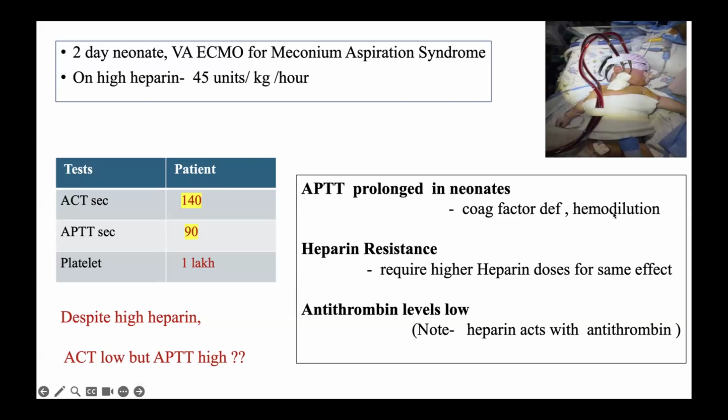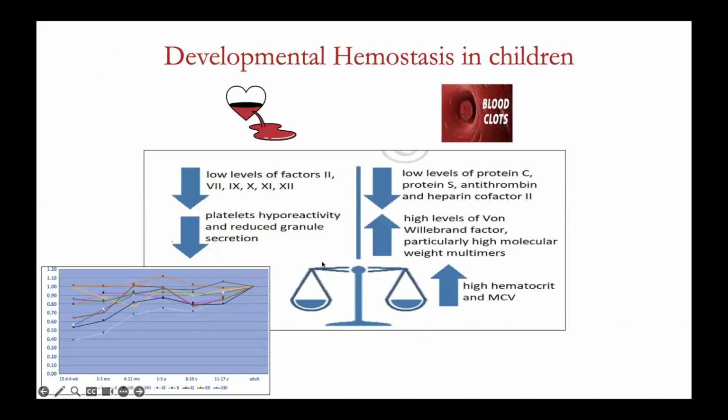And of course, hemodilution, more so in children, can cause coagulation factor deficiency, which can prolong your APTT. Also, children, infants, and newborns will require a much higher heparin dose for the same effect for the ACT target or the APTT target because their antithrombin levels are low. So that is something that you have to factor in. Don't be alarmed if you're requiring higher heparin to achieve an ACT target in small infants.